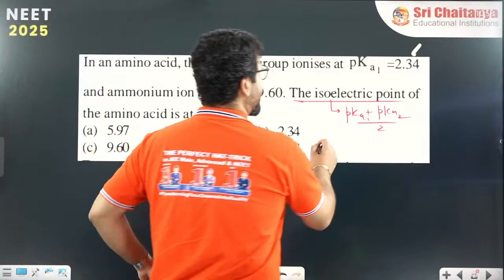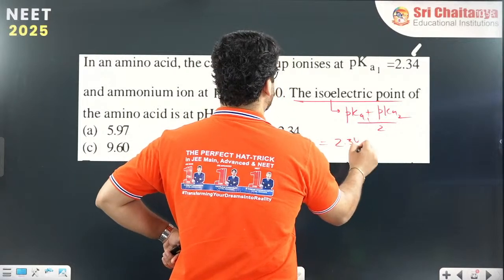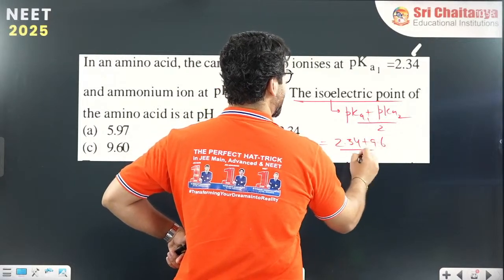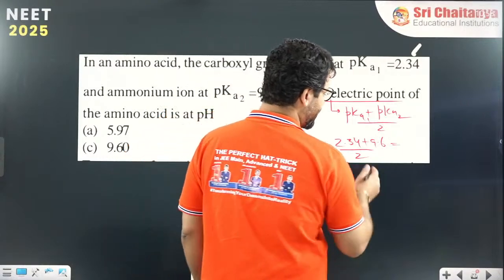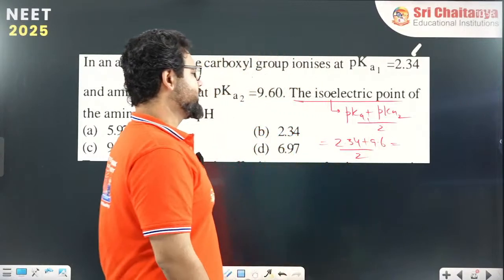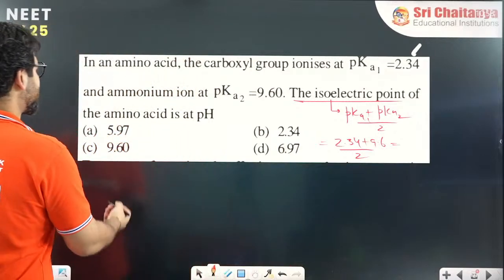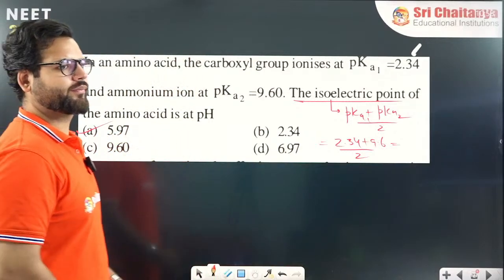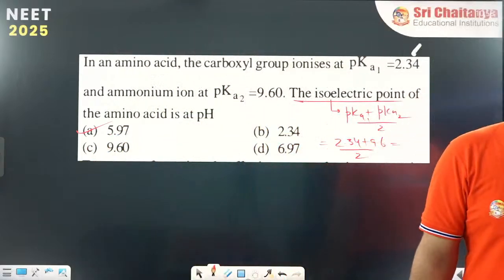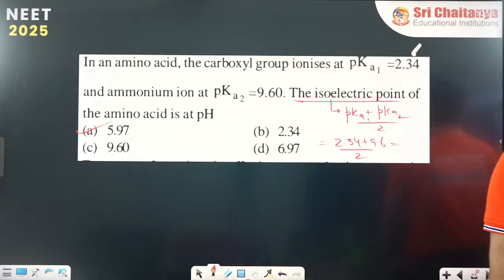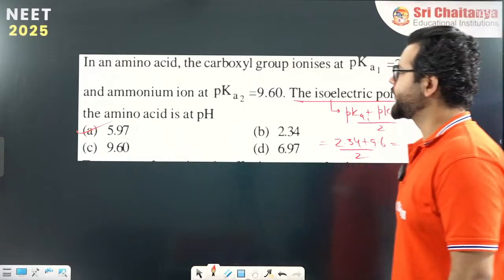So it will be 2.34 plus 9.6 by 2. Just take the average of the 2 pKa given to you. Whatever this comes out to be, somewhere 12 by 2, 6 around, so 5.9. Remember it, it is the average of the 2 pKa given.